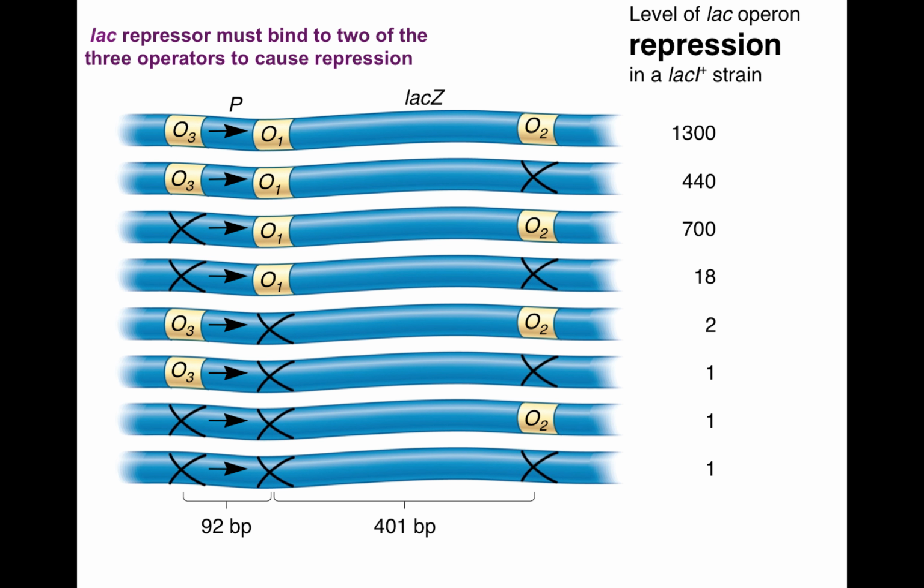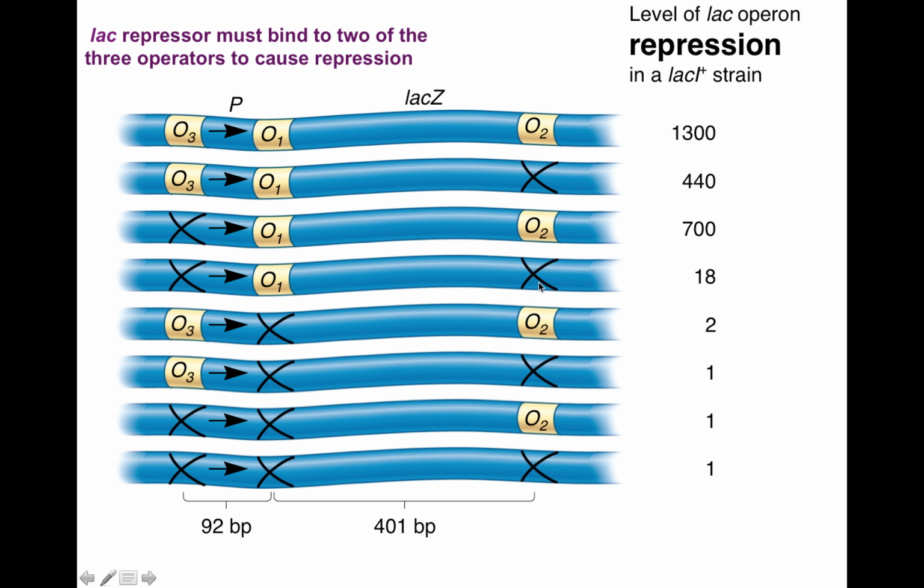Nothing is being made from the Lac Operon. However, if you eliminate site number 2, now your repression is only down to a level of 440. These are arbitrary units. If you eliminate number 3, you increase the repression a little bit more. So 1 and 2 are most important.